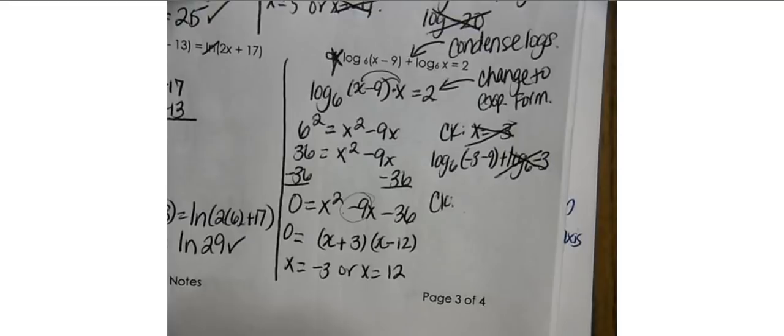So now I'm going to check the other one just to verify that 12 actually works. So I'm going to write log base 6 of 12 minus 9 plus log base 6 of 12, is that equal to 2? So 12 minus 9 is 3, and I'm going to condense using multiplication, so this is log base 6 of 3 times 12, is that equal to 2?